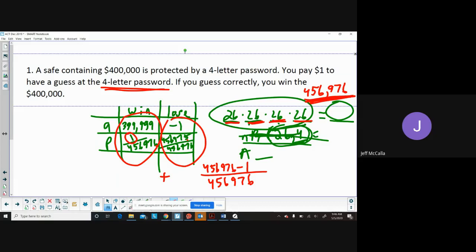You did the case of a 1-letter password. I would love to have the odds of 1 out of 26 times I play the game winning $400,000. That'd be amazing. But it'd be a pretty easy password to crack. I mean, your chances are good. A 4-letter password is not as easy. It's going to take me a while to crack a 4-letter password.